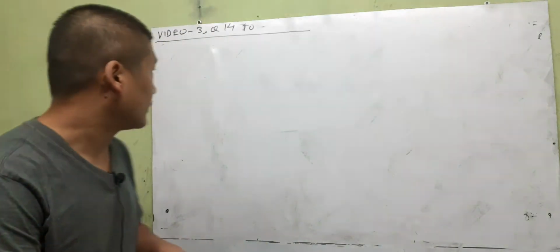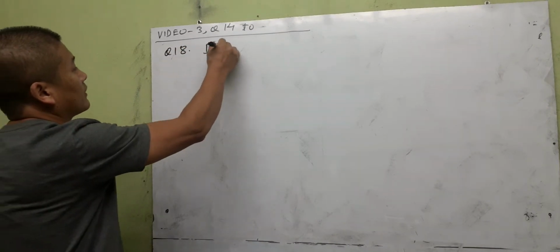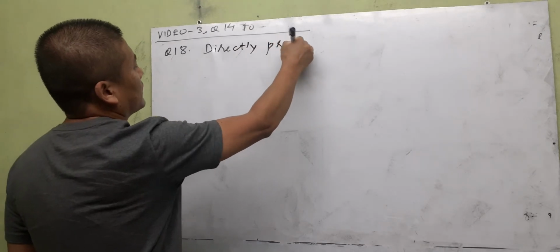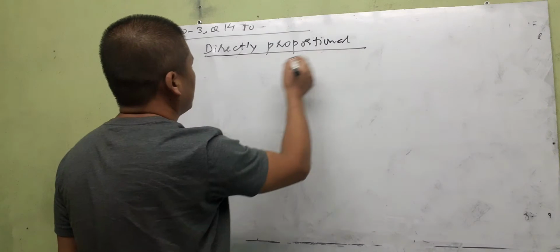So directly proportional, question number 18, write down. Let me give you an example quickly. Directly proportional, then we will explain it. A simple example you can take here.